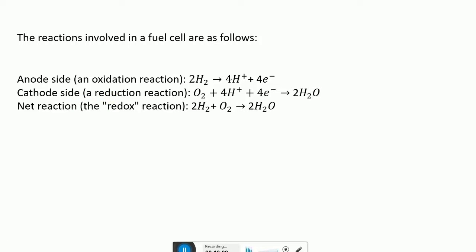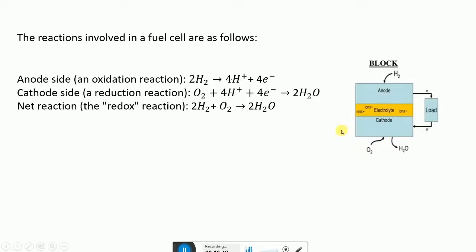Means O2 plus 4H+ plus 4 electrons gives 2H2O. Then the net reaction will be 2H2 plus O2 gives 2H2O. Means from hydrogen and oxygen, we have the net final product, water.